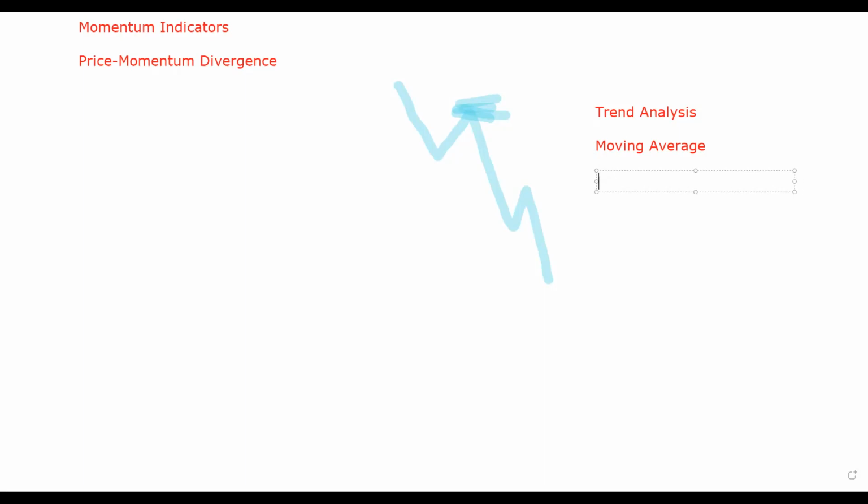Then, because the moving average is a trend indicator, we also looked at momentum indicators. We looked at the RSI and the stochastic oscillator. And we said that these indicators can help us to identify when the correction has become exhausted. We talked about the overbought and oversold market conditions.